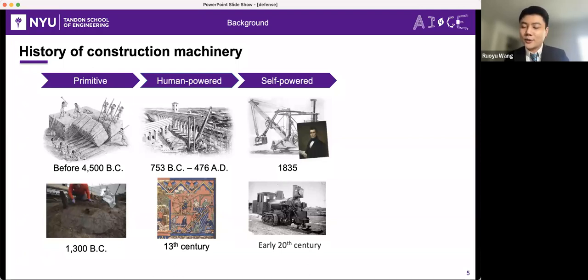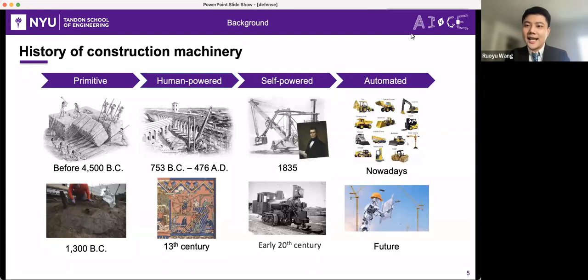In the early 20th century, the first commercial vehicles with tracks were invented. After that, construction machinery with tracks was widely used. That improved the mobility of construction machinery a lot because tracks can adapt to many kinds of terrain.